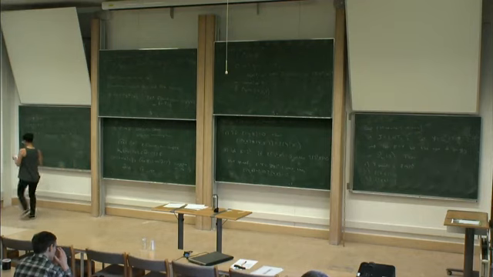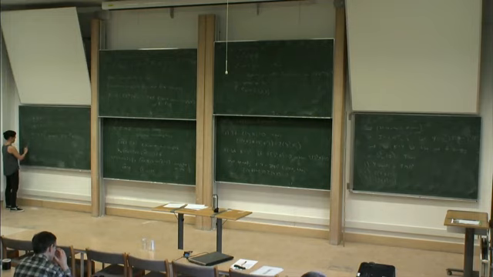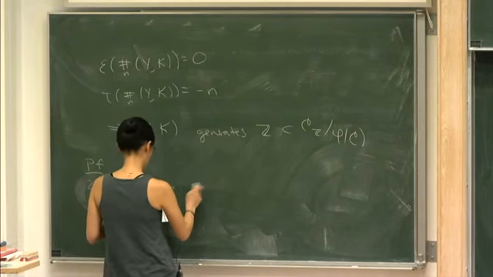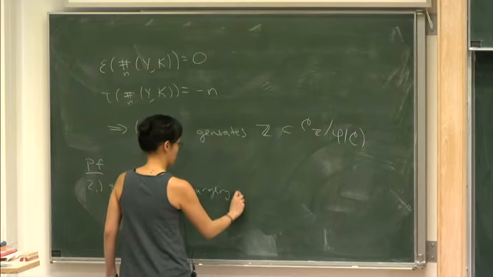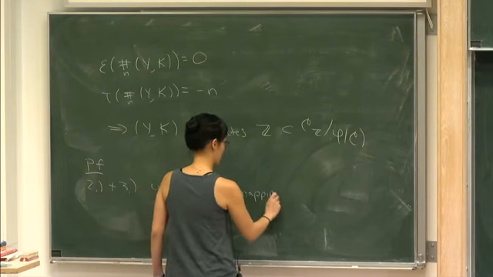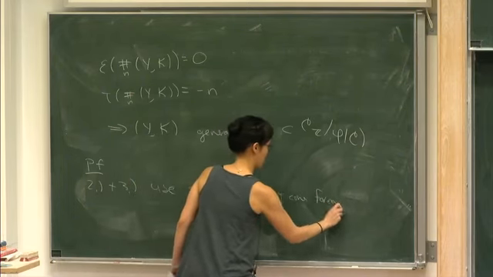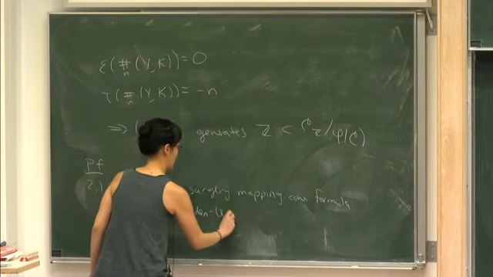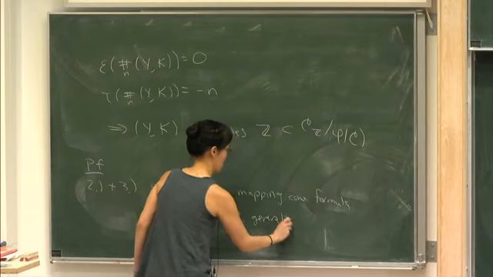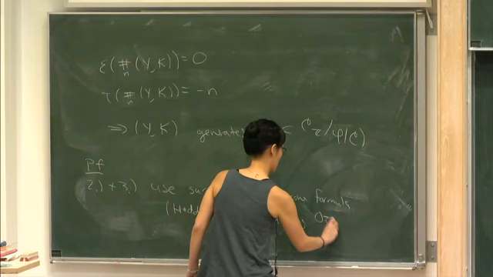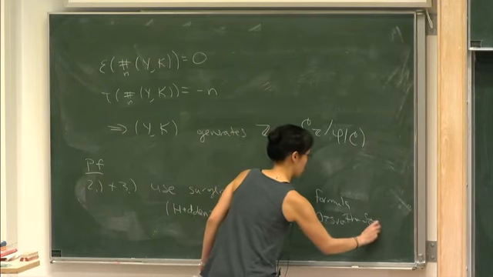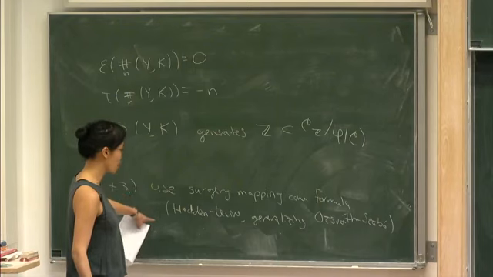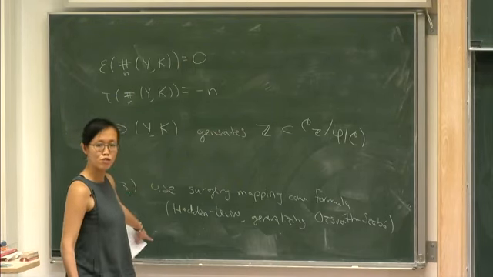So for the proof of 2 and 3, we use the surgery mapping cone formula, due to work in progress of Hedden and Levine, generalizing Ozsváth-Szabó. This generalization is not written up yet, so we can also prove this using a different tool that isn't written up yet.